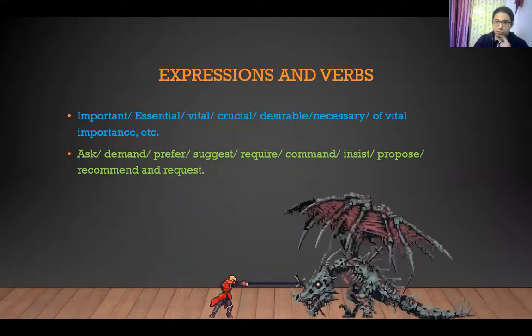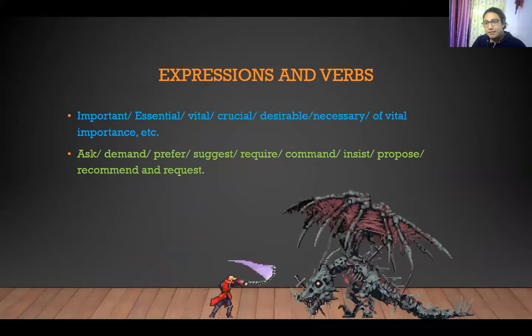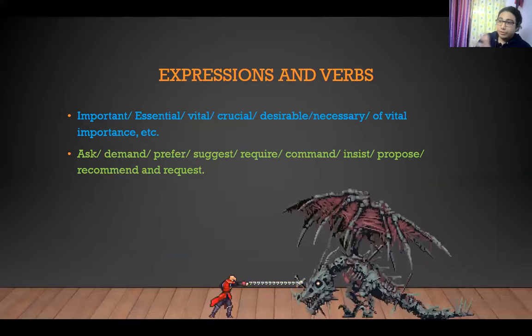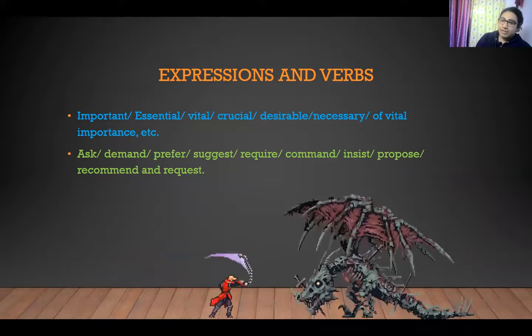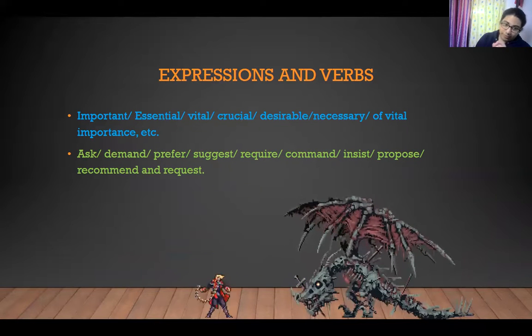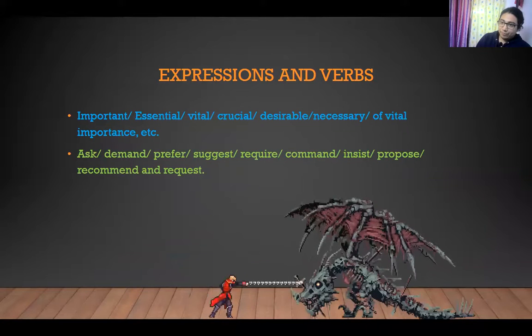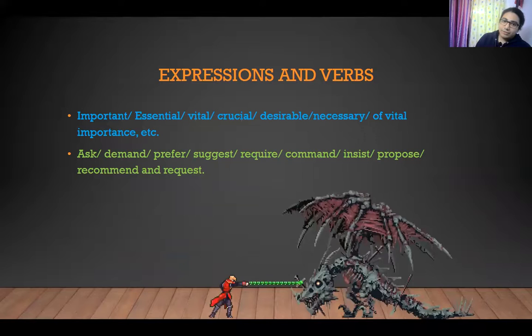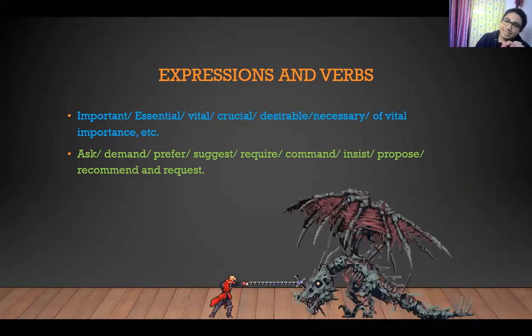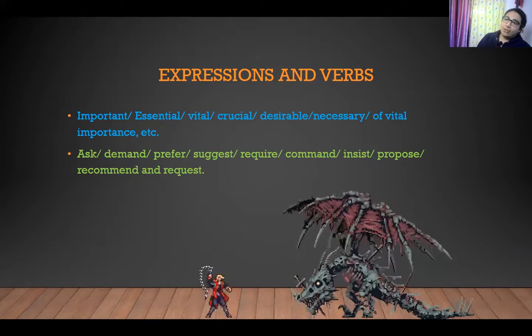So moving on, we have the expressions and the verbs. In blue, we have the expressions: important, essential, vital, crucial, desirable, necessary, of vital importance, etc. And the verbs are ask, demand, prefer, suggest, require, command, insist, propose, recommend, and request.